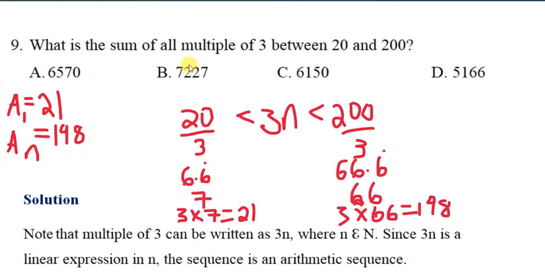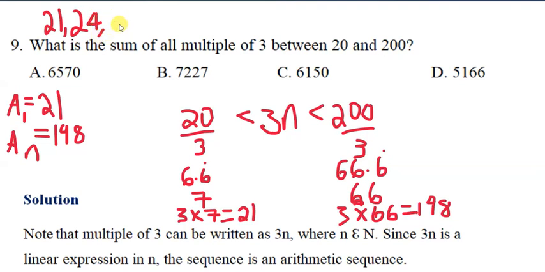Let us observe: once we get the first term, our first term is 21. Then the next multiple of 3 is 24. The difference between 21 and 24 is 3.